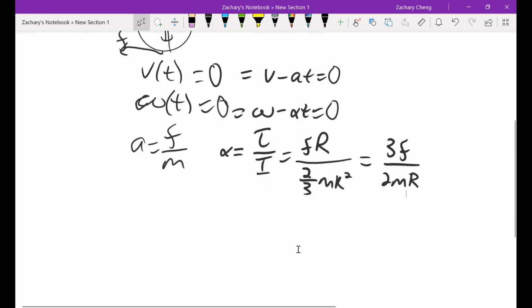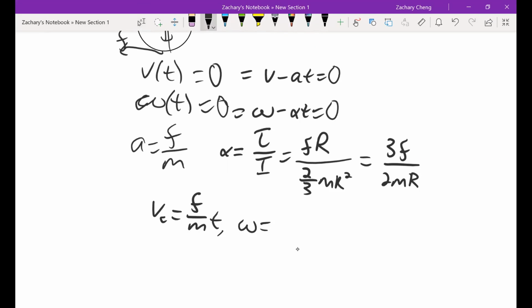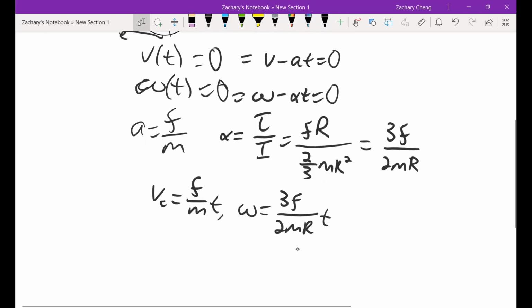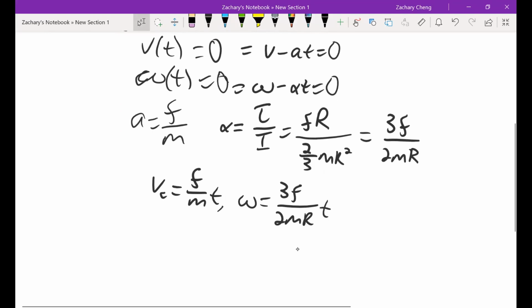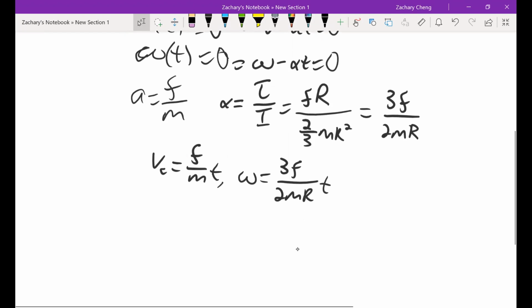We get that V, and this is the critical velocity, of course, Vc is equal to F over m times t, and omega is equal to 3F over 2mr times t. So now it's really easy to see Vc in terms of r and omega.